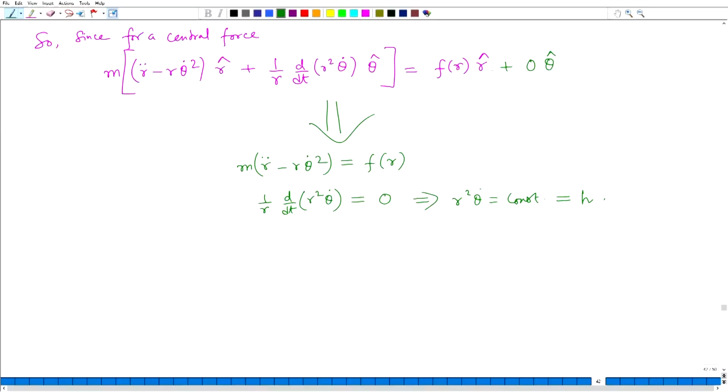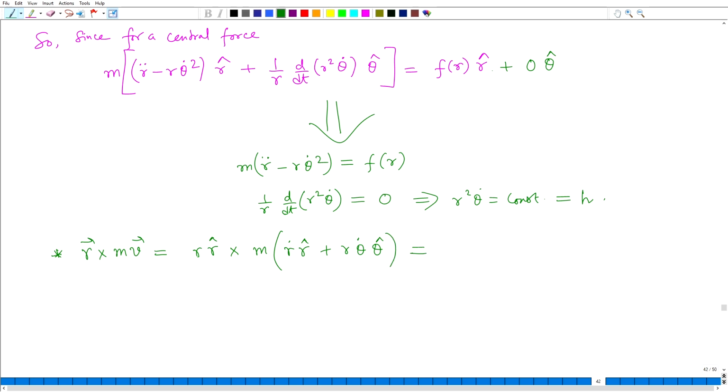Just a small calculation, you can easily see that if you do r cross mv, for this case r is nothing but r times r cap, and cross m times v, which you now know in 2D polar system is m times (r dot r cap plus r theta dot theta cap).